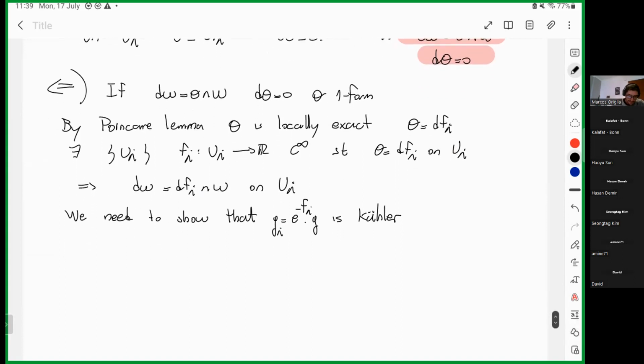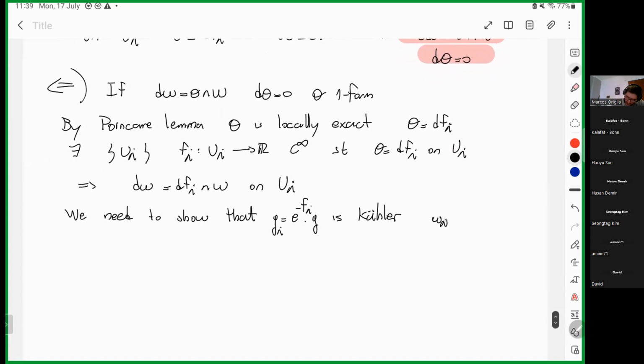Okay, how do we prove this? Well, this is equivalent to saying that the local fundamental two form associated with this metric gi, the local two form ωi defined by gi, has to be Kähler, has to be closed.